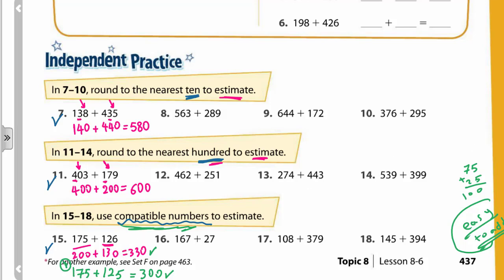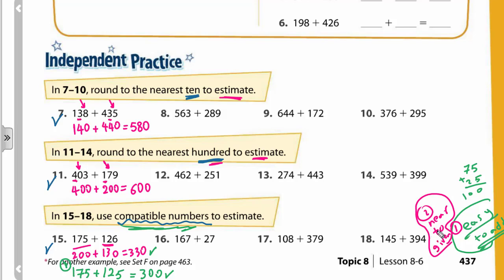Teacher, could you repeat the compatible numbers? Yes, Faris. Okay, again, compatible numbers means you should find two numbers that are easy to add and near to the given numbers. These are the two conditions that you should think of.